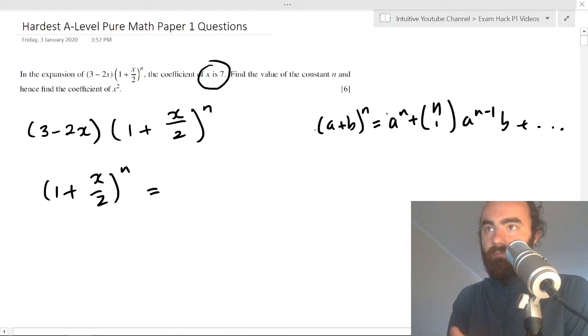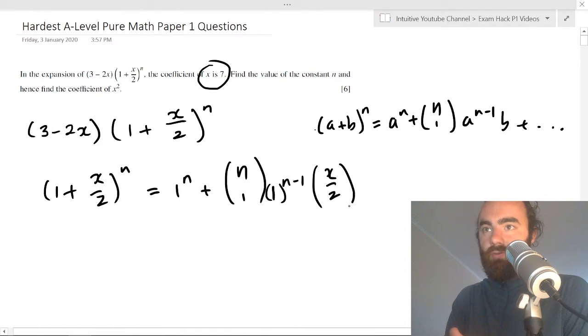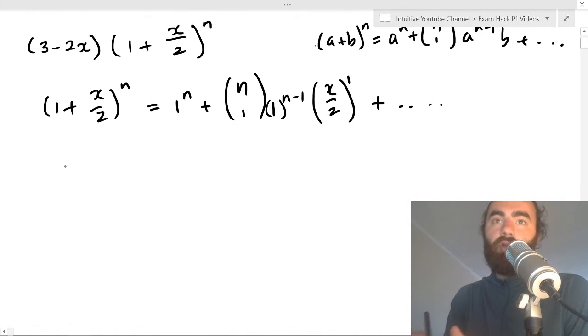That's going to be 1 to the n plus nC1, and then our b here is x over 2, so we get 1, which is our a, to the n minus 1, and then x over 2 to the 1. And that's only the 2 terms we're interested in, because we're only worried about the coefficient of x, and when we times these in, these are the only 2 terms which will produce a coefficient of x.